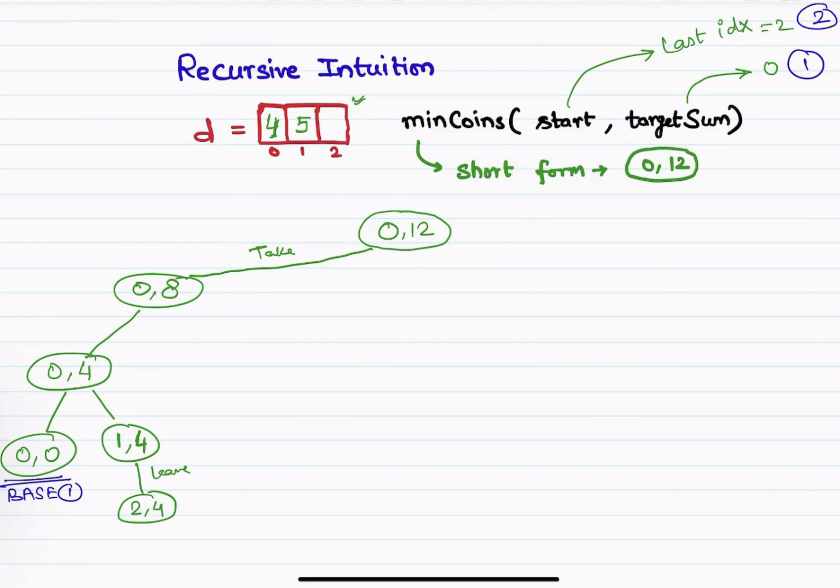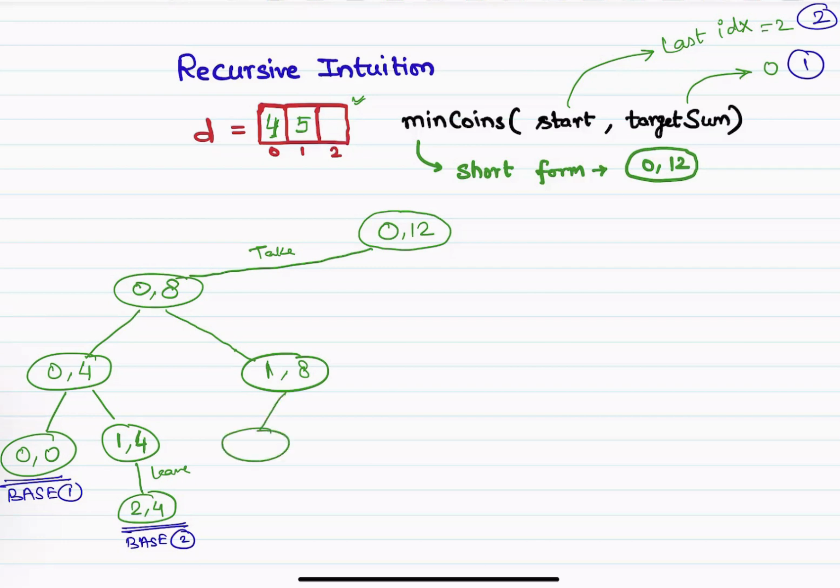Now, if you notice, we have hit base case 2. This is our base case 2 where we have reached the last index. Now go back up. 0, 4 is done with both the calls. Let's say 0, 8. Now 0, 8 would make a decision to leave index 0. If we leave index 0, that means from index 1 onwards, we are still looking for a sum of 8 because the target sum doesn't change.